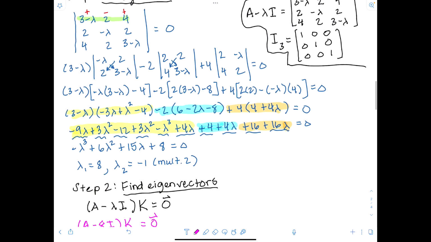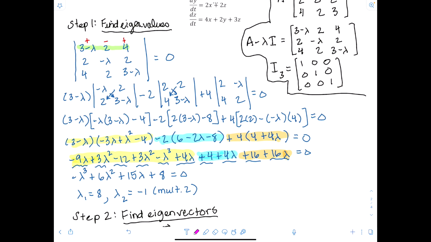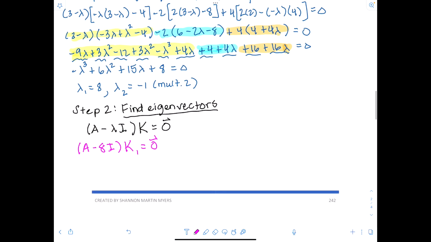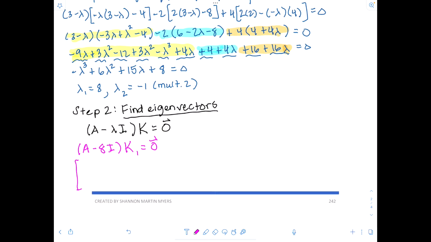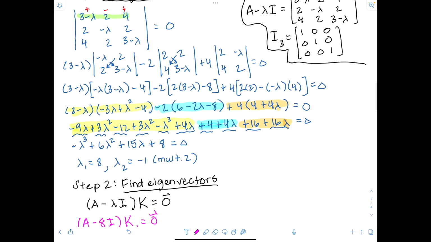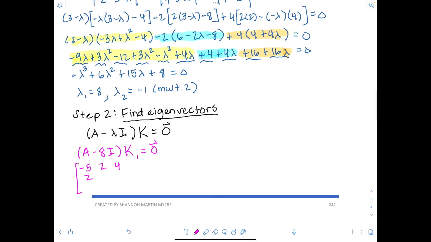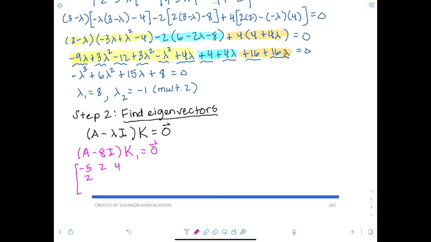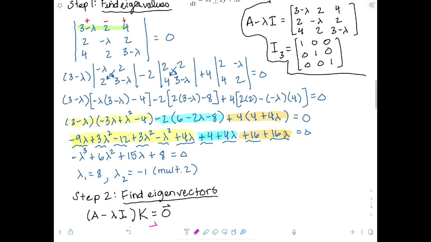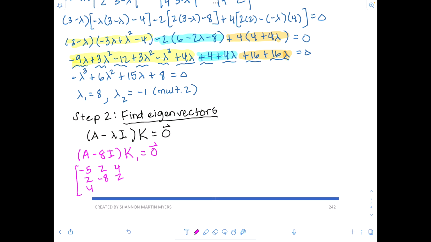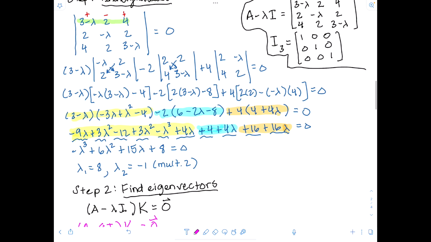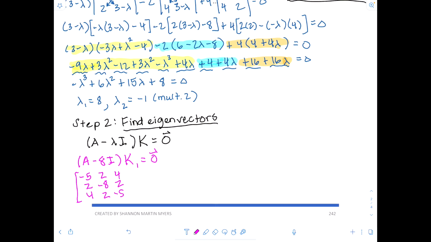And so remembering we found A minus lambda I, so it'll be 3 minus 8, which is -5, and then 2, 4, 2, and then negative lambda, so it'll just be -8, 2, 4, 2, and then 3 minus lambda, we get -5 again. Cool, cool?